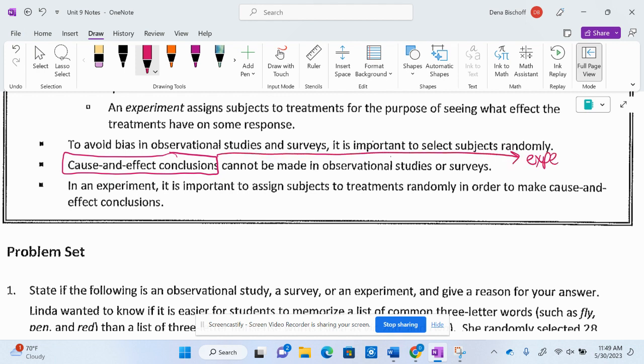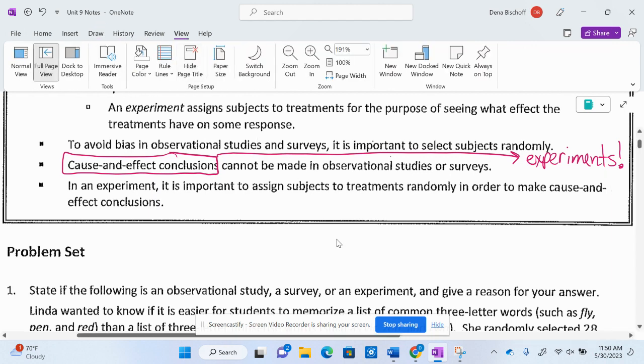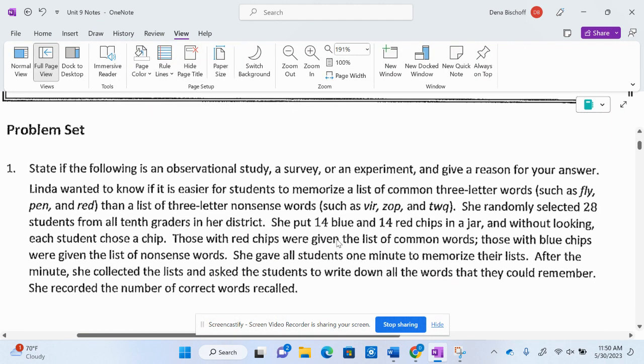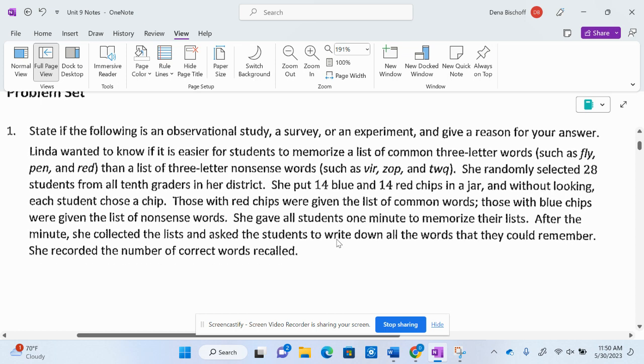It says you cannot do this with observation or survey. You can only do that with an experiment, okay? Experiments are the only things that allow us to make cause and effect conclusions. And that's exactly what the next statement says, okay? So we're going to read some examples and decide if it's a survey, an observational study, or an experiment.